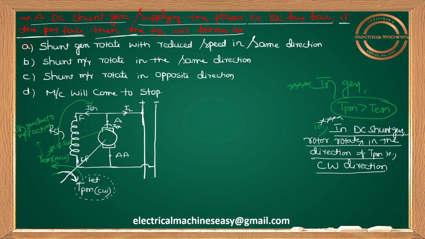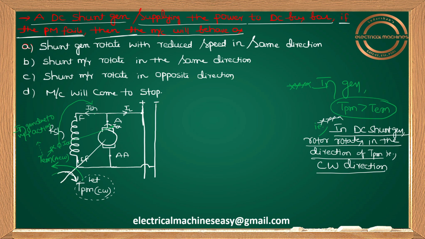I'm making it lengthy, but try to understand so that you can solve the remaining questions easily. In a generator, this flux corresponds to this ISH. Whenever the direction is upward, you can take this IA.